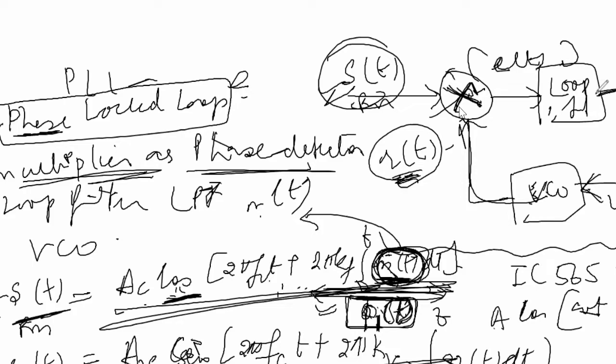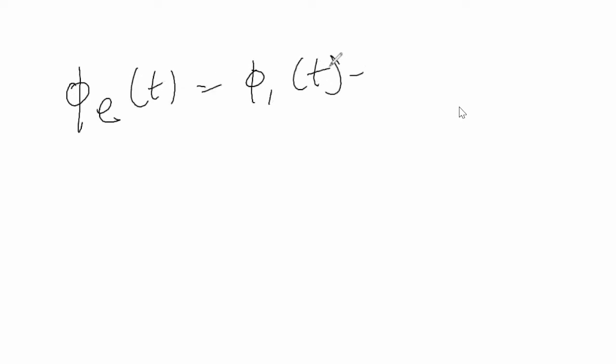When you do the derivation, you will get an equation in the form of phi of t equal to phi 1t minus phi 2t. This kind of equation you will get after derivation from the output of the loop filter.